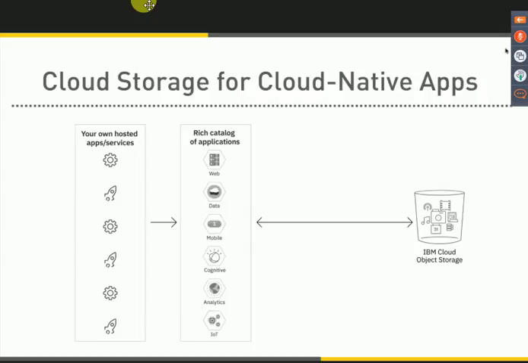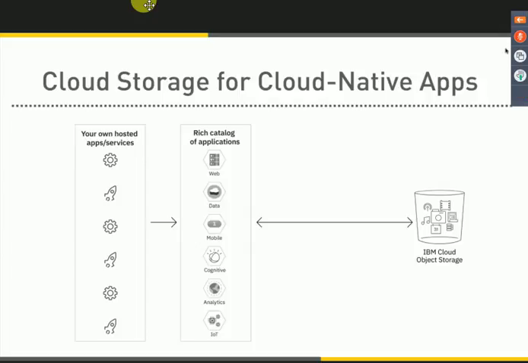And the best thing is, if you are interoperating between your legacy applications running in virtual machines and contemporary applications running in containers, you can still rely on the same cloud storage fabric to share data between these two breeds of applications. And increasingly, we are going to see the consumption of object storage from cloud-native apps.